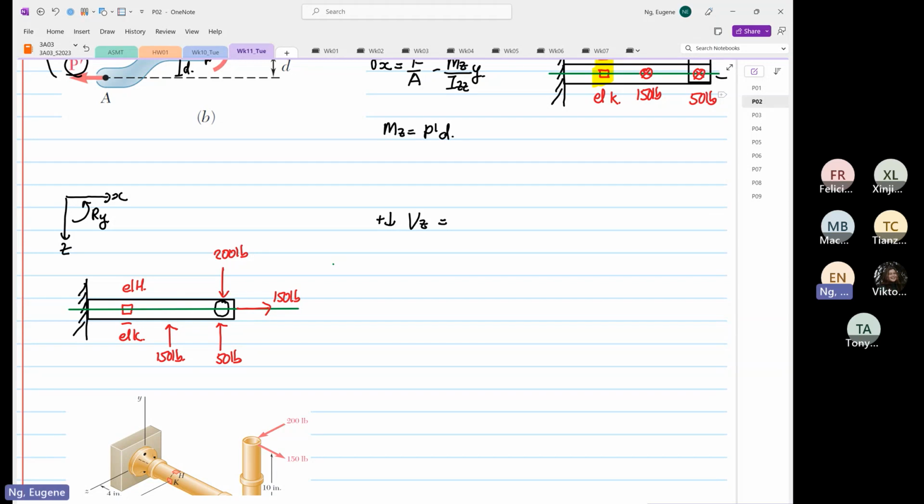So remember, if the force, like over here, the 150 is parallel or in line to the centroid, then it will induce an axial load.